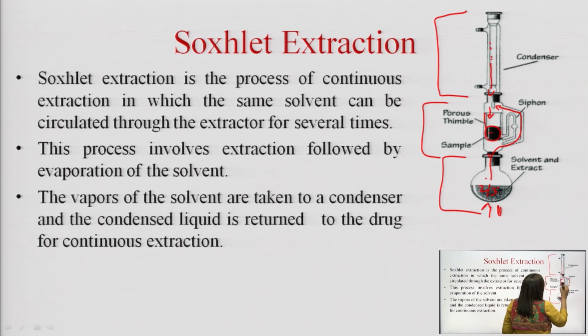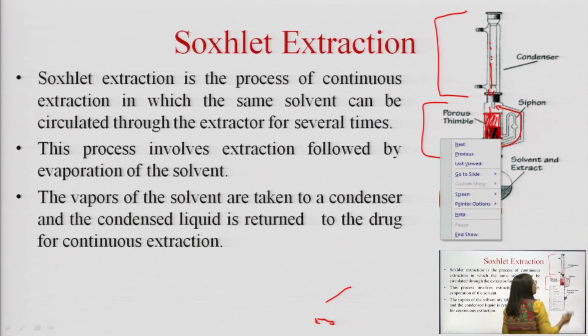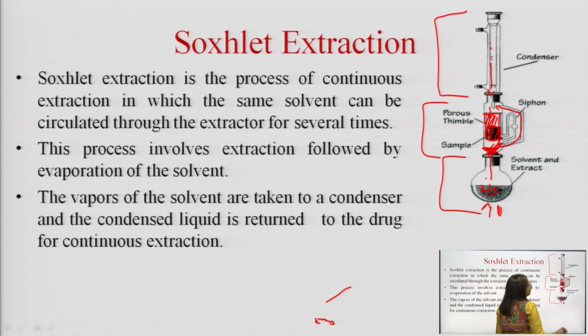Now, this drug material is kept in a porous chamber or thimble, and this hot condensed liquid comes and macerates the plant material in turn. Here there is glass wool kept, which does not allow the plant materials to obstruct this siphoning tube.